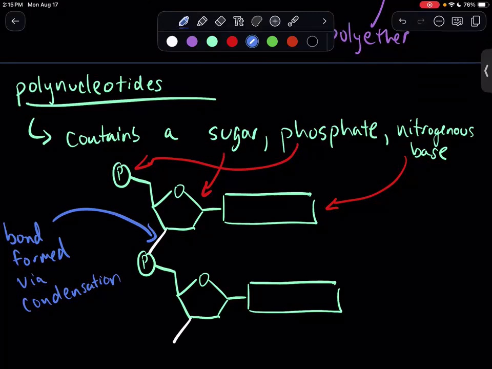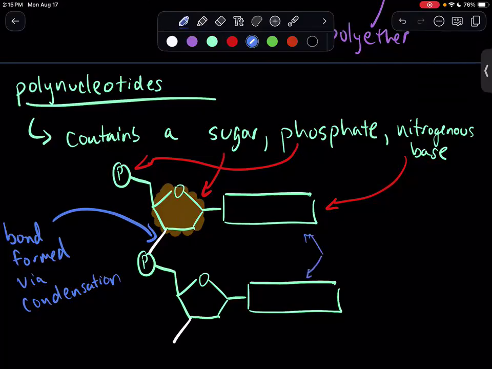I like to add in a little bit of extra, so I'm just going to go ahead and identify some key areas to this. So this sugar is what differentiates a DNA from an RNA, as well as theoretically there is one difference in the base here.